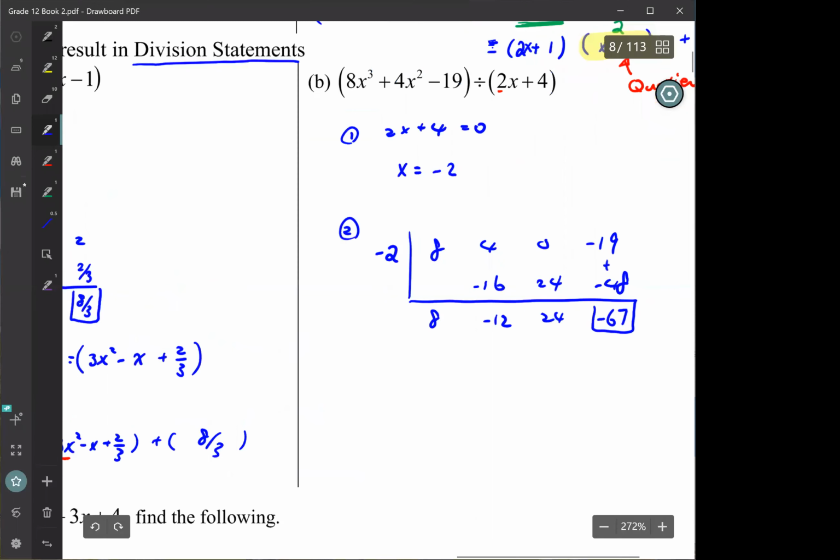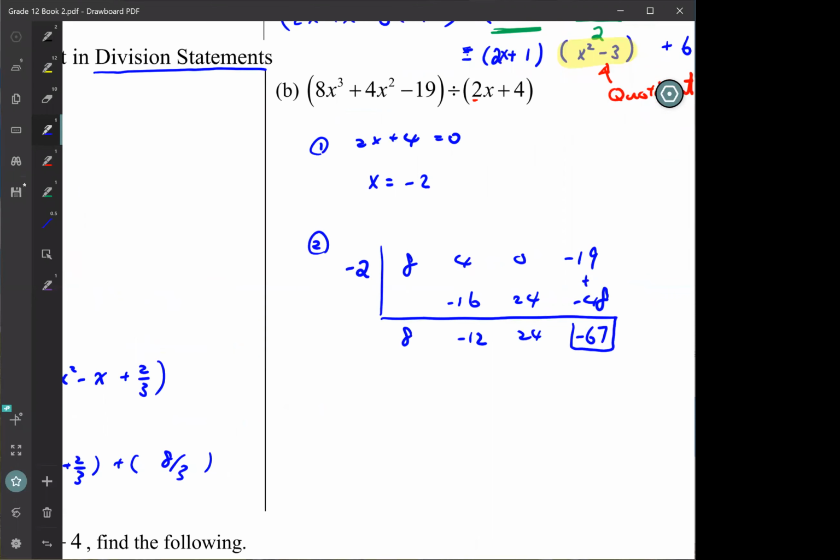Okay, so how do you get a quotient now, Donna? 8x squared, and then minus 12x plus 24.